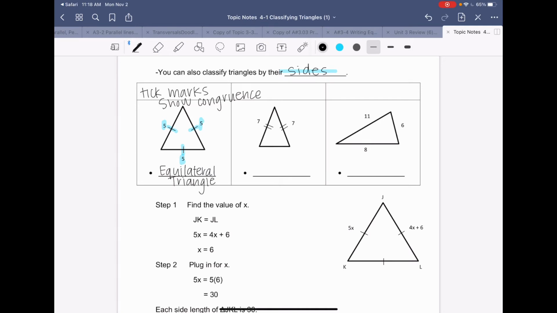Okay. So this next one, it tells us we have 2 congruent sides. So when we have 2 congruent sides, this is called an isosceles triangle. So let me show you how I actually remember that it's isosceles. Okay. So if we look at the word isosceles, we have SOS right there.